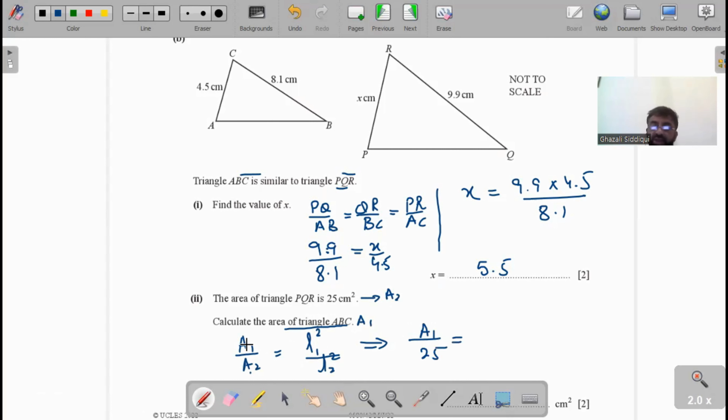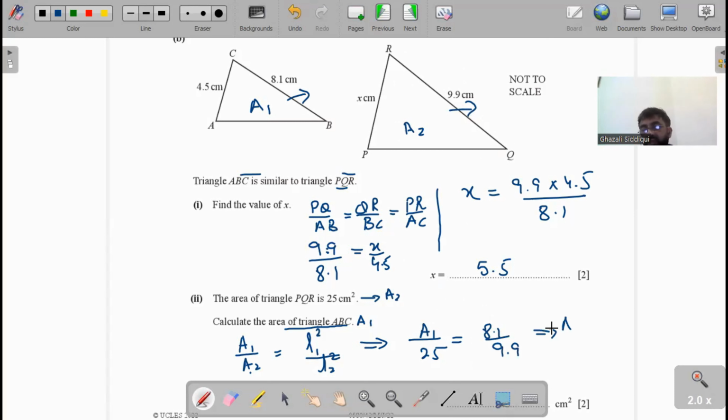Now the corresponding length in triangle ABC is BC, which is 8.1, and the corresponding length in PQR is this, which we take as 9.9.